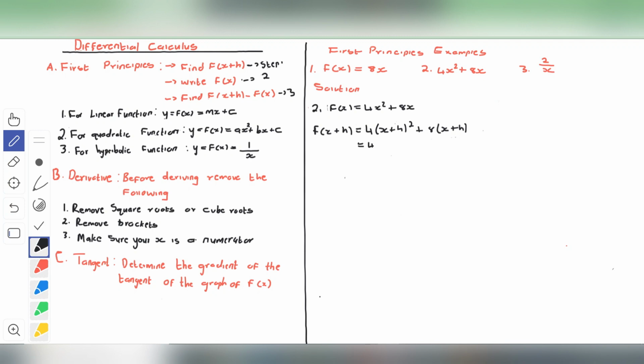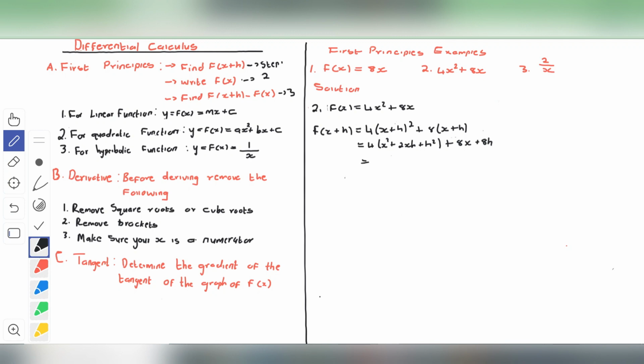So now is the method of simplifying. Therefore, we're going to have 4 into x squared plus 2xh plus h squared, right? Then close bracket plus 8x plus 8h, right? I hope you do follow here.